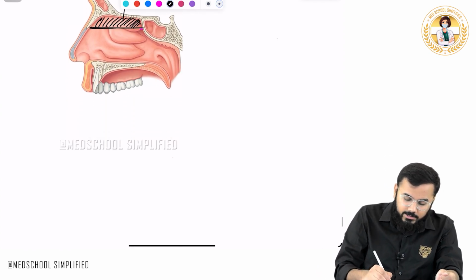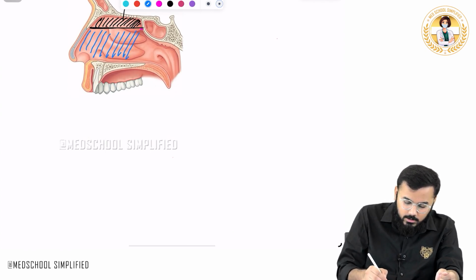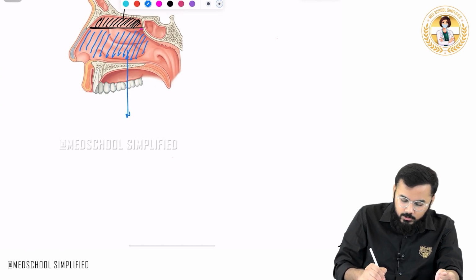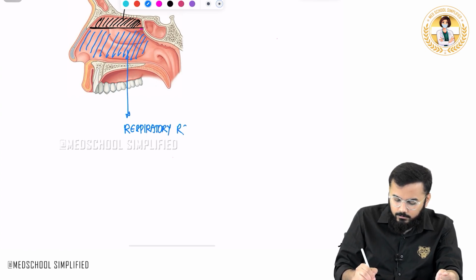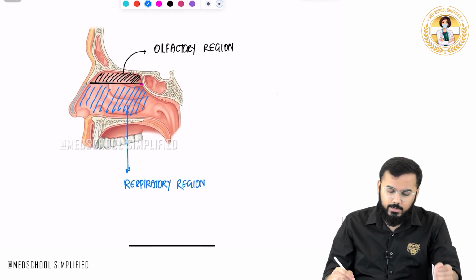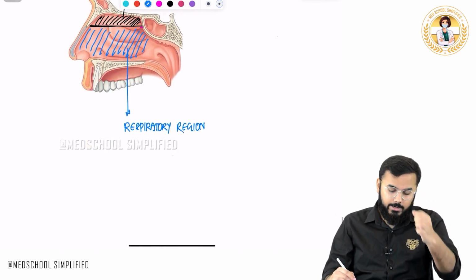After the olfactory region, the rest of the region till here is called the respiratory region. So how many regions do you have? You have the olfactory region as well as the respiratory region.